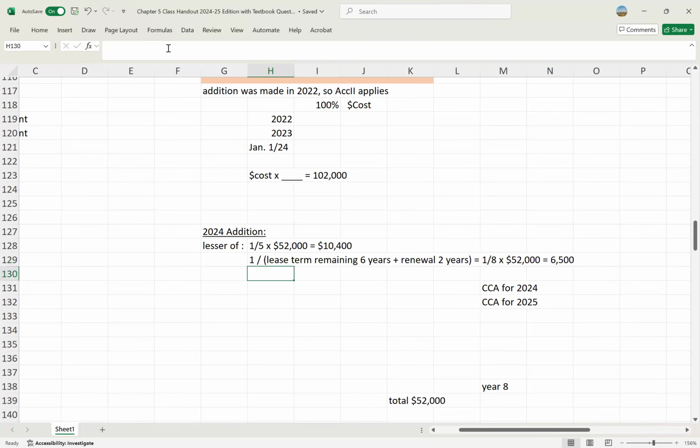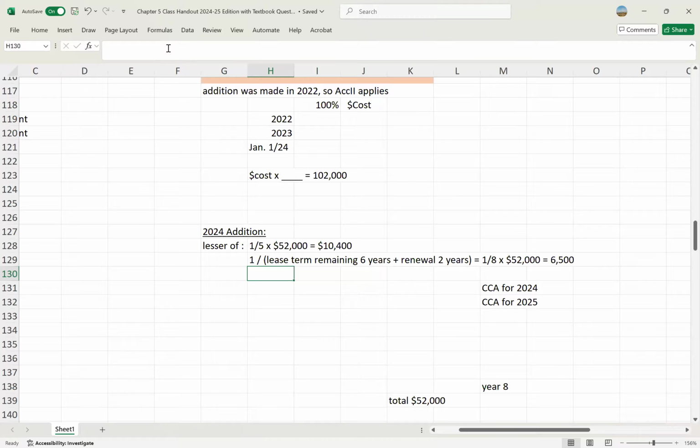So class 13 leasehold improvements: the lesser of 1/5 times the amount of the addition, 10,400, or 1 over the lease term remaining, which is 6, plus the first renewal period, which is 2. So that would be 1 over 8 times 52,000, and we get 6,500.